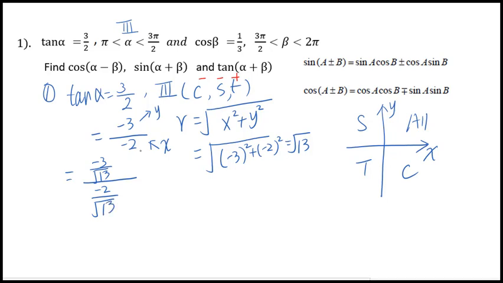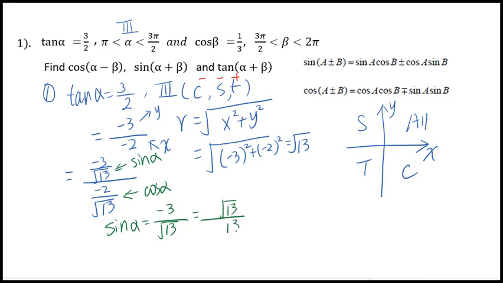Top will be sine alpha, bottom will be cosine alpha. For sine alpha equals -3 over square root of 13, simplify to square root of 13 over 13. I use the formula 1 over square root of a equals square root of a over a. Then we carry on the -3.